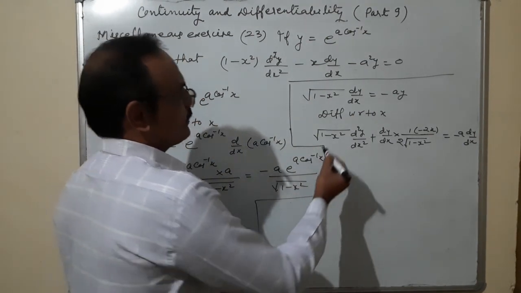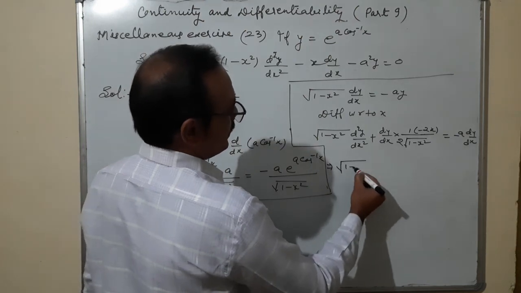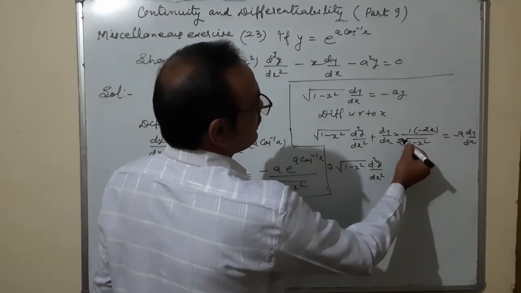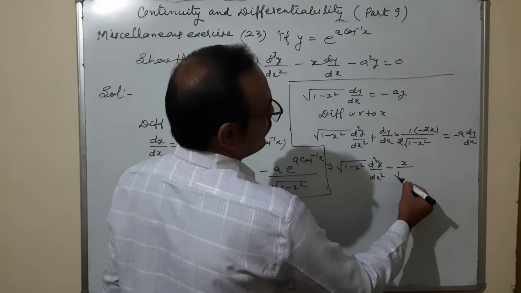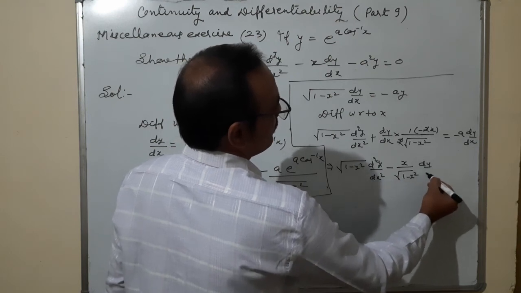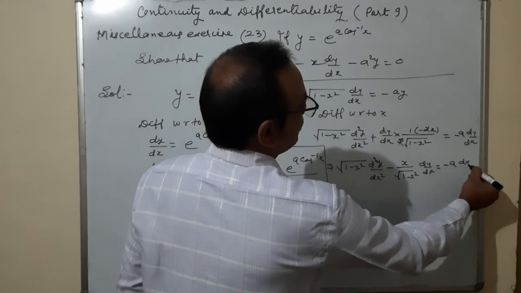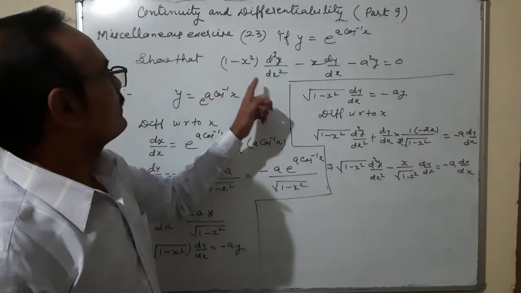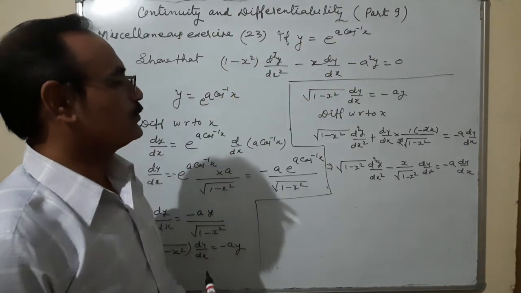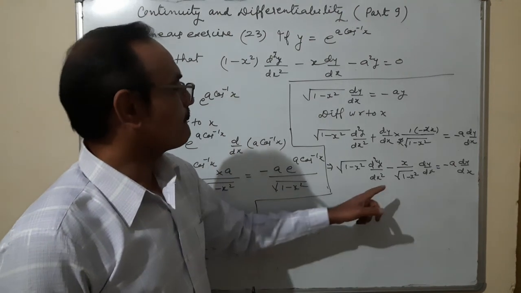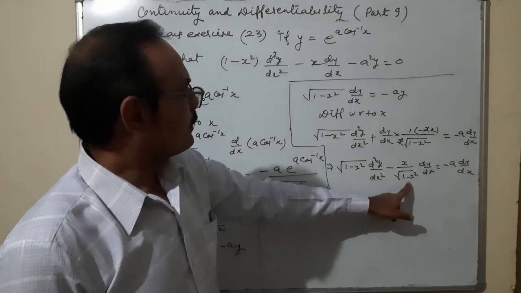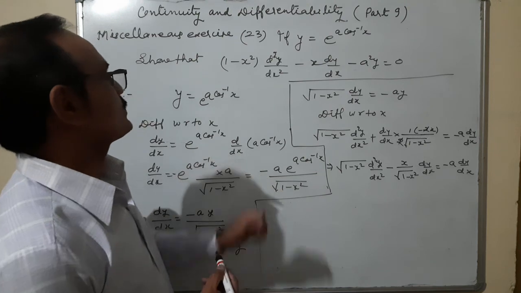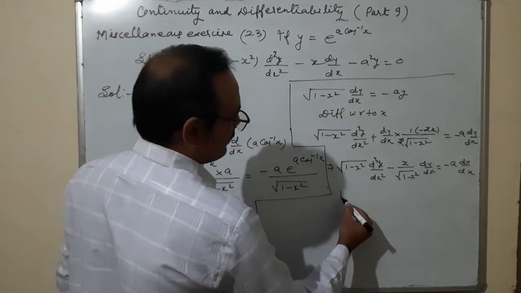So now the term is coming under root 1 minus x square d square y by dx square, the 2 cancels, minus x upon under root 1 minus x square dy by dx is equal to minus a dy by dx. Okay, and we want to prove here 1 minus x square, this term is equal to that. So what should be done here? When I multiply both sides by under root 1 minus x square, then what happens?